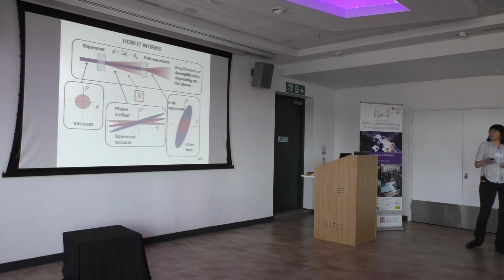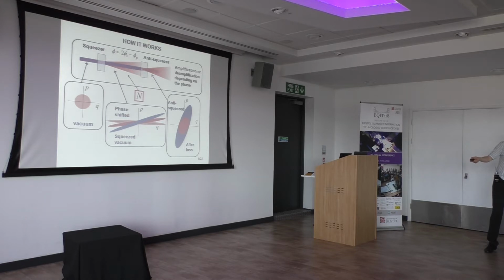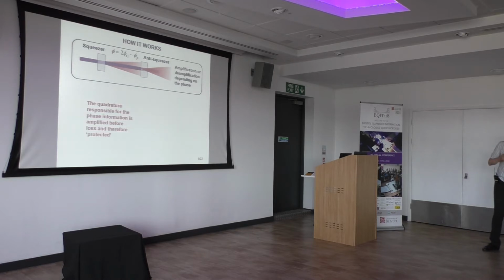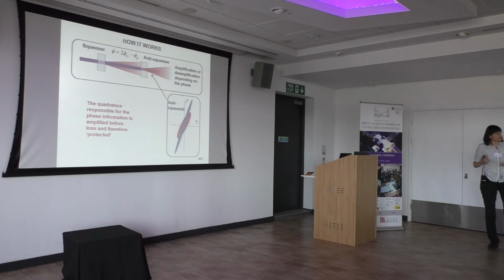In other words, I forgot to say that the shot noise limit is still defined by the number of photons inside the interferometer, and whatever I do at the output does not affect the shot noise limit. That's why I can overcome it. So, in other words, the quadrature responsible for the phase information, the P quadrature, is amplified before detection, and this amplification protects it from loss.